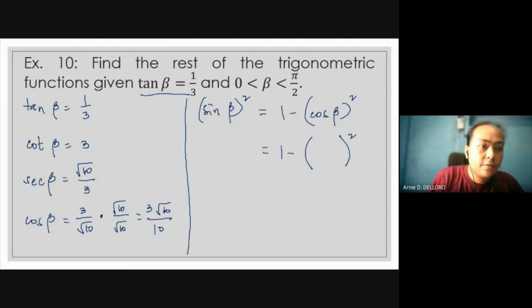We have 3 over square root of 10. So we have 1 minus the square of this, which is 9 over 10. So 9 over 10.